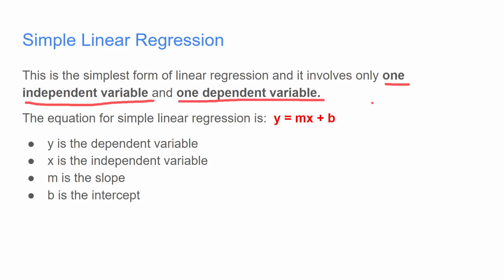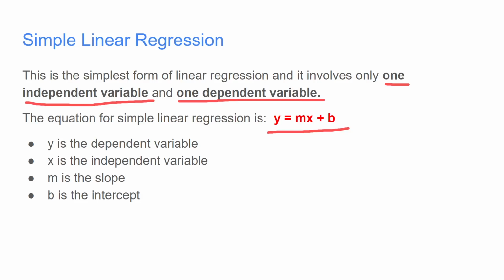So not more than that, only these two variables, and the equation for simple linear regression is y = mx + b. So this is a very important equation for simple linear regression, and this equation is very useful when you are solving any problems or when you are dealing with the Jupyter notebook, like the house price prediction project.